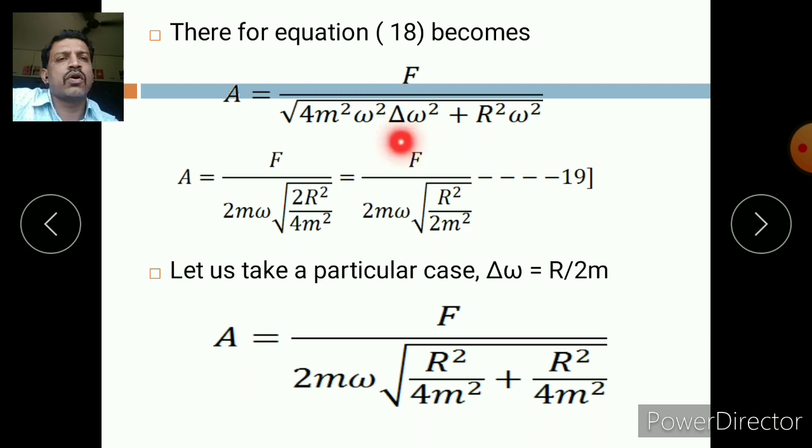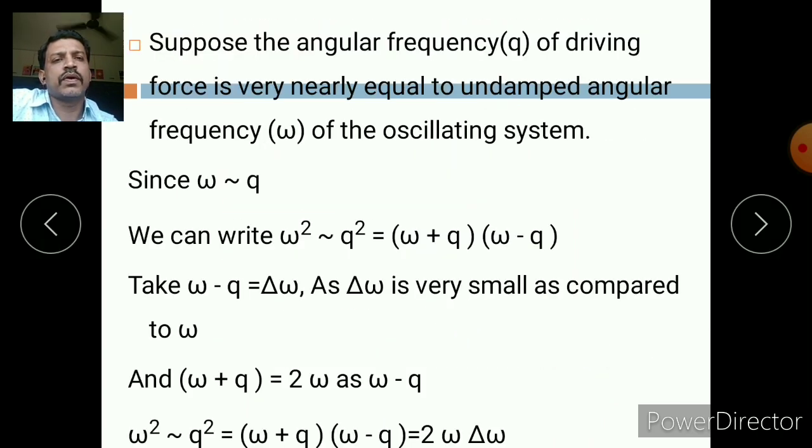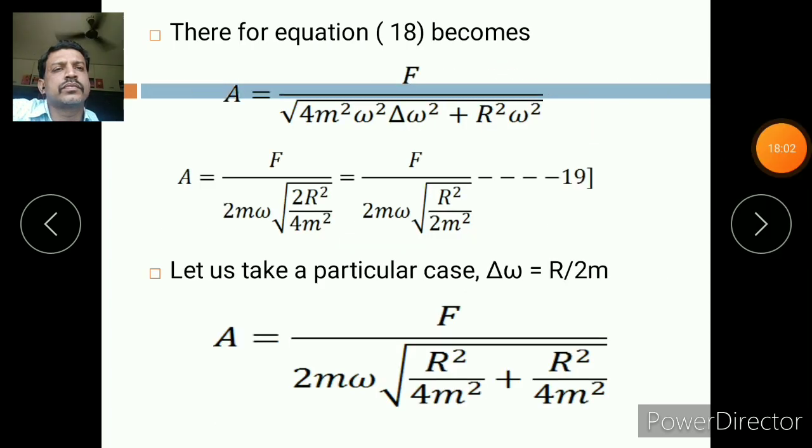What is the value of delta omega? Here we take delta omega equal to r upon 2m. So delta omega square means r square upon 4m square, and here also r square omega square.